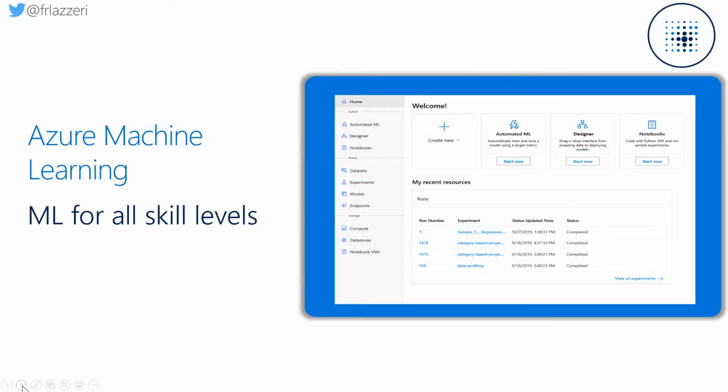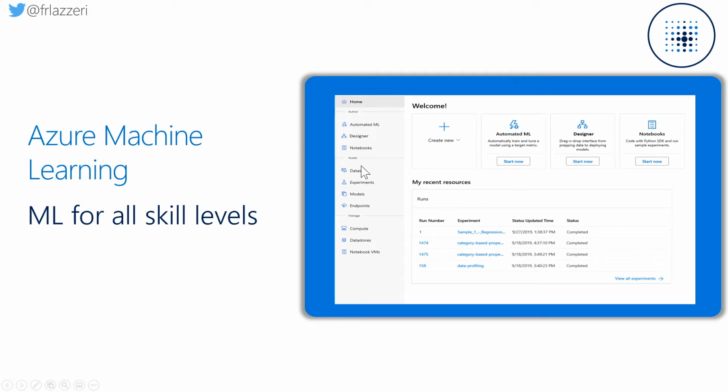So in terms of tools to do machine learning on Azure, what are the different tools? As I said, and we are going to see these together during the demo, there are different authoring options such as automated machine learning, Designer, and notebooks.